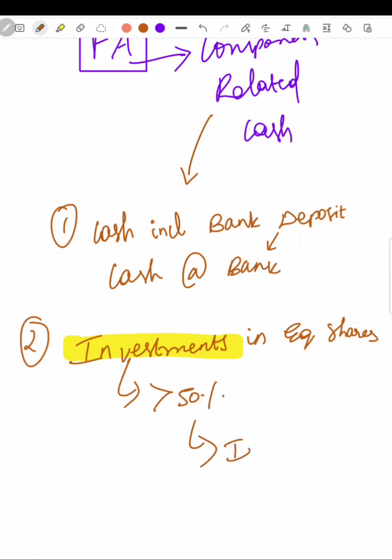Because if we hold more than 50%, we call that control, so more than 50% is dealt with in a separate standard and not under this standard. But if it is less than 50%, then it is called an investment and it is called a financial asset.